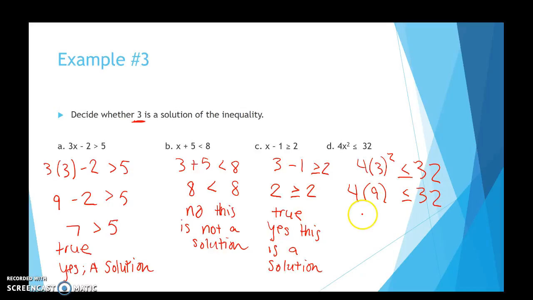Well, 4 times 9 is 36. 36, is that less than or equal to 32? No, it's not. So we would say no, this is not a solution.